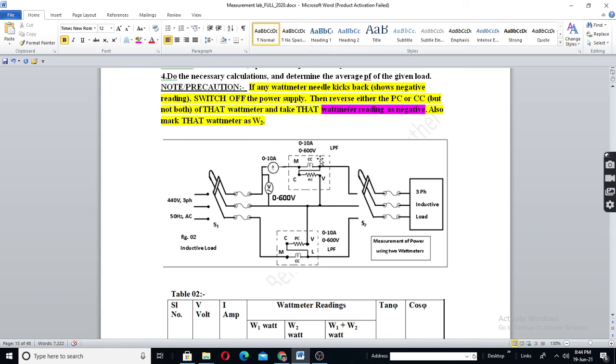If you interchange both, then it will become negative negative, means again same. So interchange either potential coil or current coil, but not both, of that wattmeter which was kicking back.